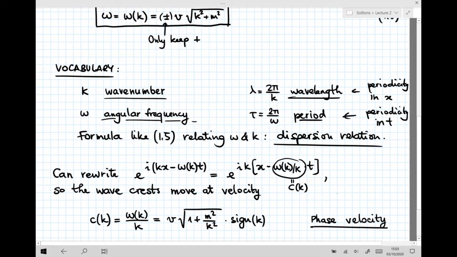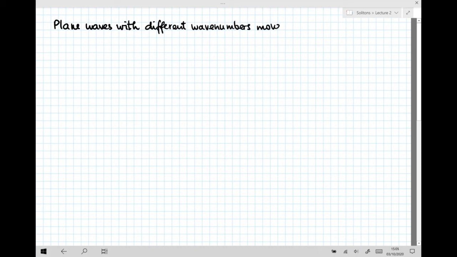So the picture here is that we have this plane wave, which is moving at velocity c of k. Now, the important point in the previous formula is that the phase velocity of plane waves, solutions of the Klein-Gordon equation, actually depends on the wave number k. So we find that plane waves with different wave numbers move at different velocities.